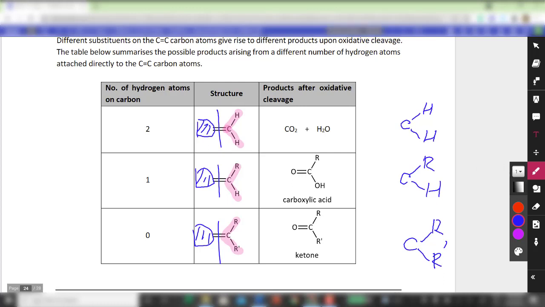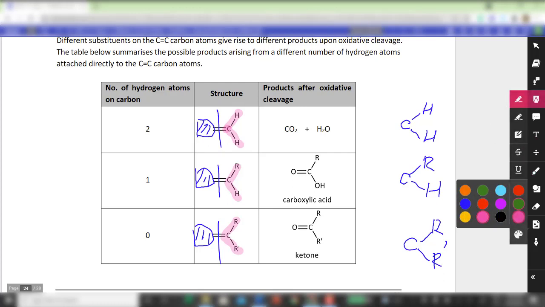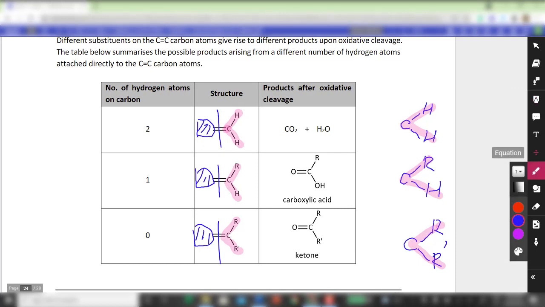This is the one I've highlighted in pink over here. I'm going to draw them, and then I'm going to replace the double bond with a double bond O. So I'm just going to replace it with a double bond O, double bond O.